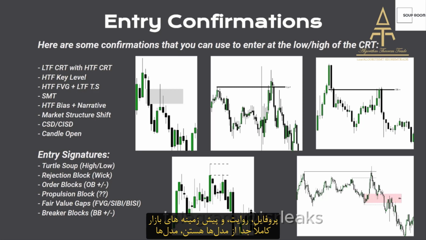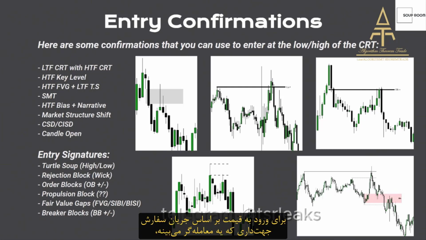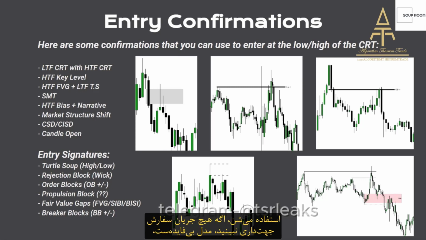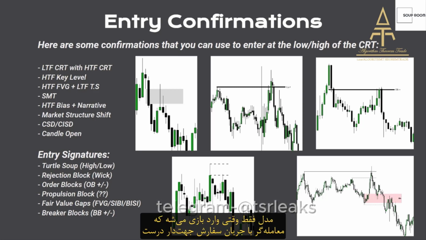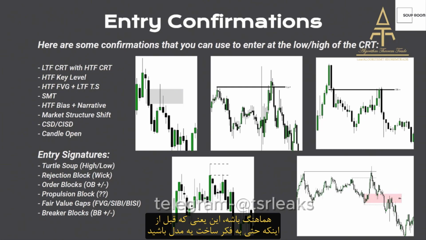All right, bias, narrative, and market profiles are completely separate from models. Models are used to enter price based on the directional order flow that a trader sees. If you do not see any directional order flow, then the model is useless. The model only comes into play once the trader is in alignment with the correct directional order flow.